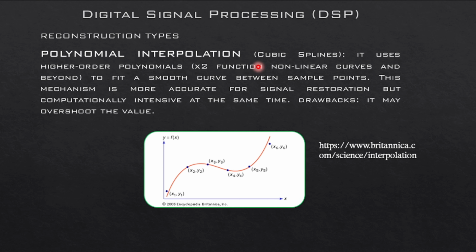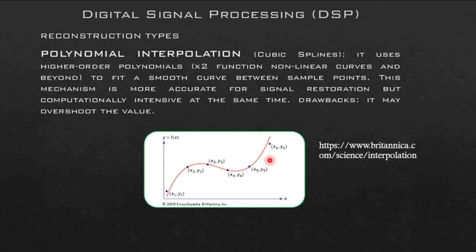Polynomial interpolation, in other words, forms cubic splines. How does it do that? It uses higher order polynomials, which are curved signals like the x squared function, nonlinear curves, to connect subsequent points together and fit a smooth curve between sample points.